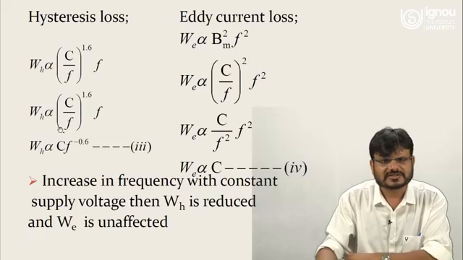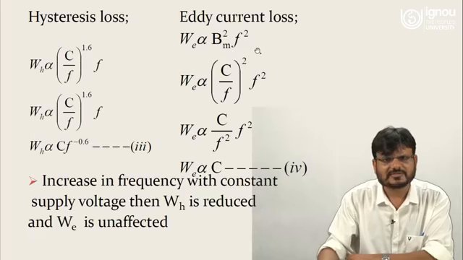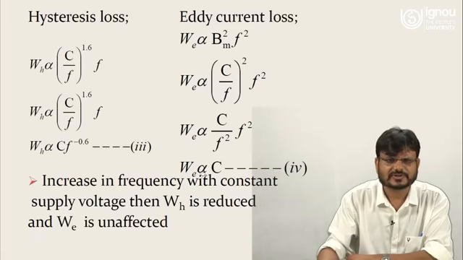So hysteresis loss is directly proportional to some constant multiplied by the frequency to the power 0.6. Similarly, for eddy current loss, the f squared will cancel out, so eddy current loss is directly proportional to a constant.